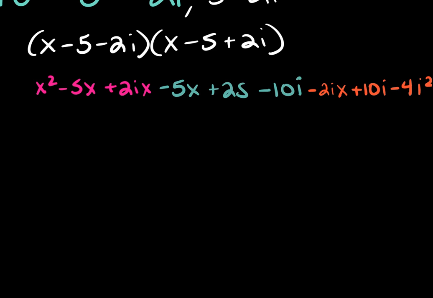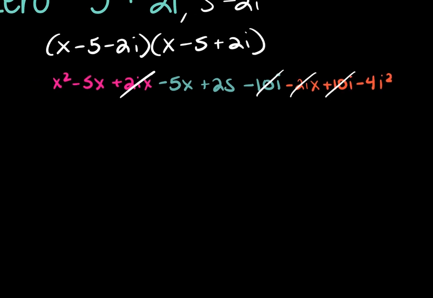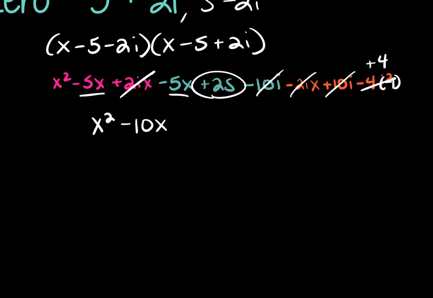If you've done it right, the i should cancel out. So a positive 2ix, a negative 2ix, a negative 10i, a positive 10i, and then i squared becomes negative 1, so this becomes positive 4. And I get x squared minus 10x plus 29.